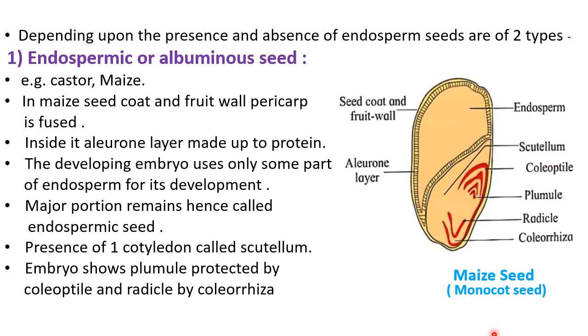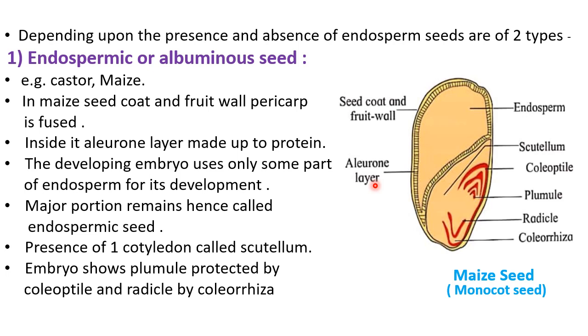On the outer side, the fruit wall, that is pericarp, and seed coat are fused with each other to form a common structure. Inside the seed coat, a layer of protein is present. It is called the alveolar layer.